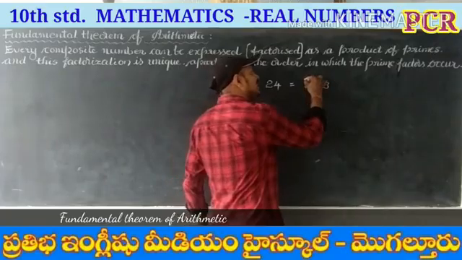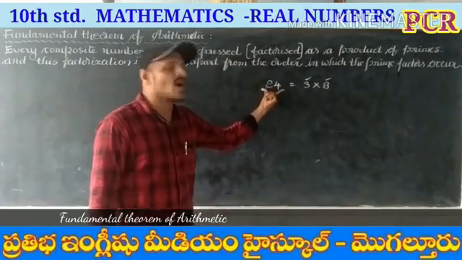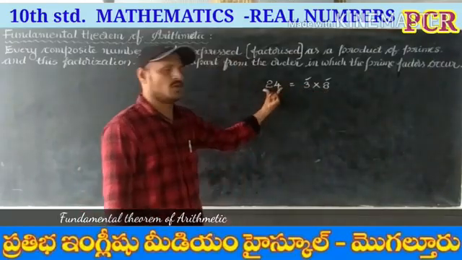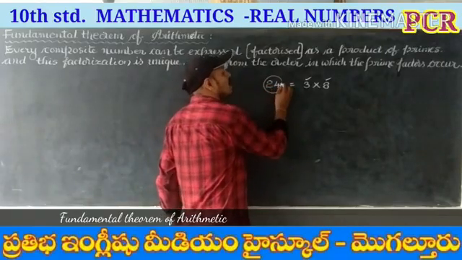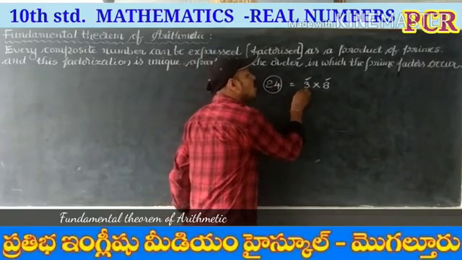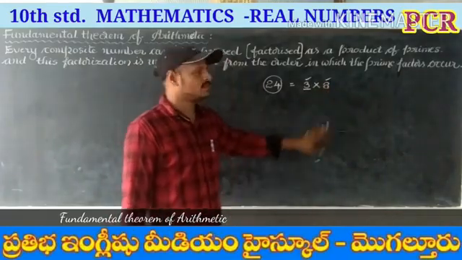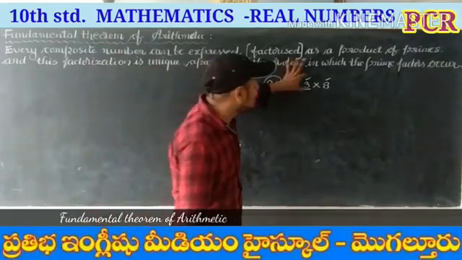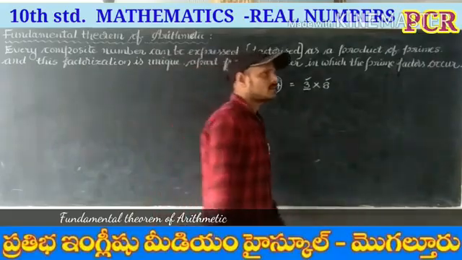Here 3 and 8 are called factors of 24, and 24 is called a multiple of 3 and 8. So this product is called a multiple, and 3 and 8 are called factors.